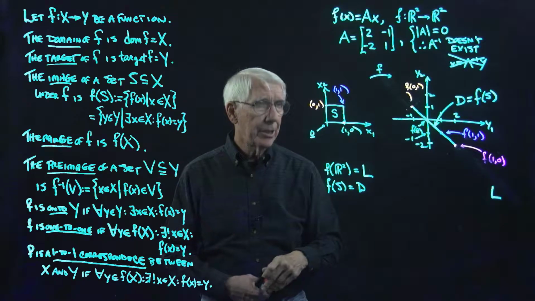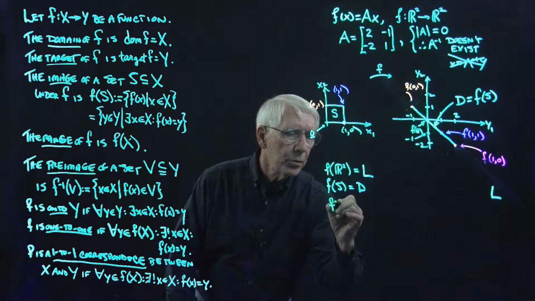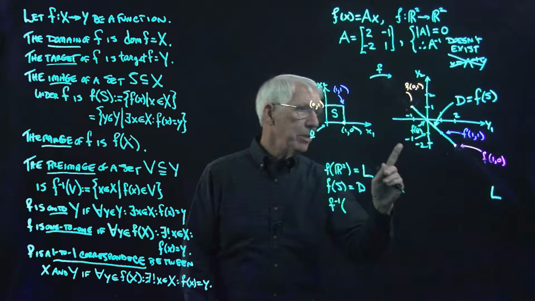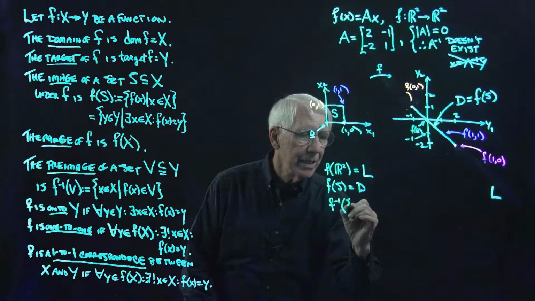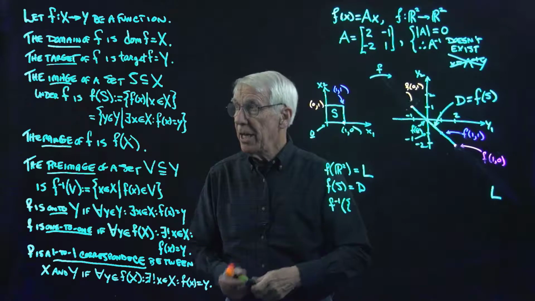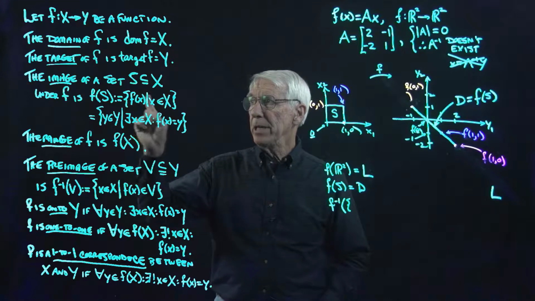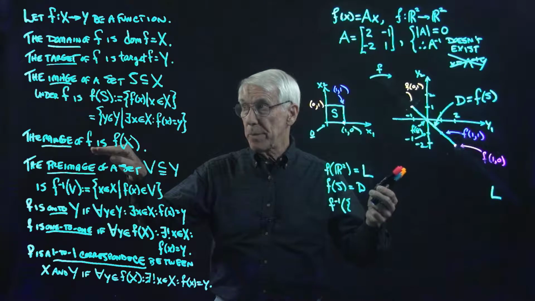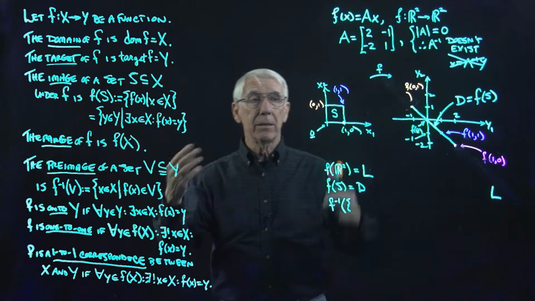And so here, let's look at the pre-image of the origin. Notice the pre-image definition says it's the pre-image of a set V in the target space, and of course the pre-image is itself a set in the domain.